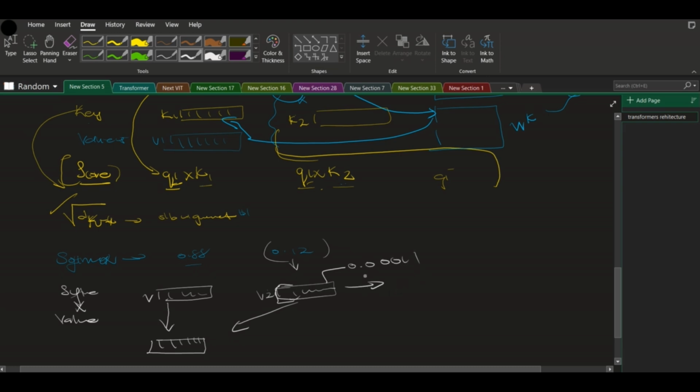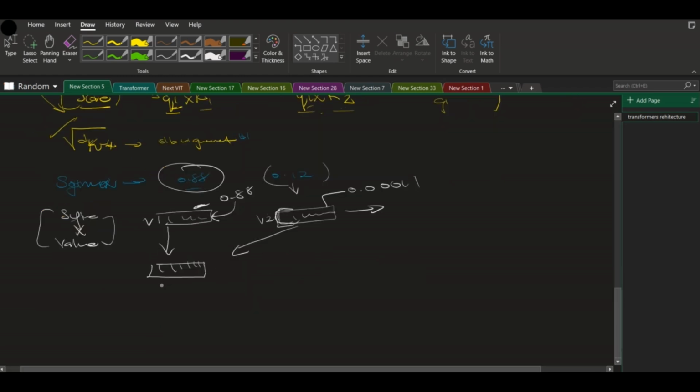So this is going to be irrelevant, whereas if we multiply this by a very big score here, 0.88, this is going to be big. But the point here is that we kick out all irrelevant weights. Remember that I told you about context, which means that maybe this weight does not have any context to this current weight.